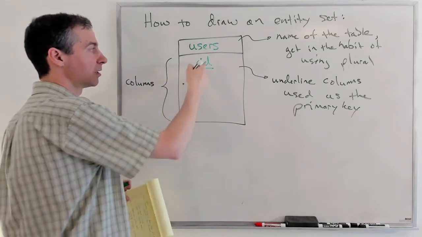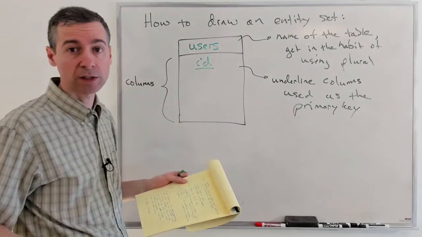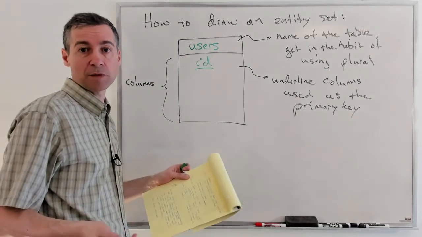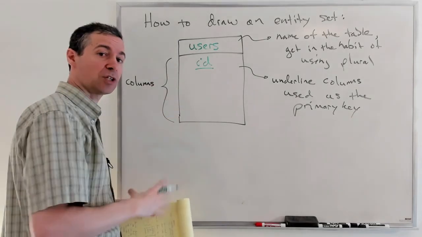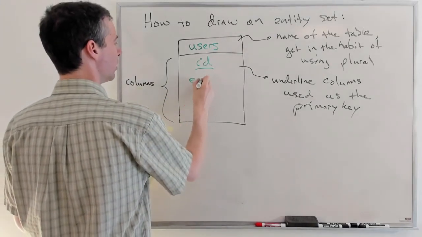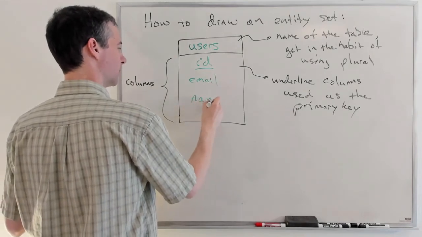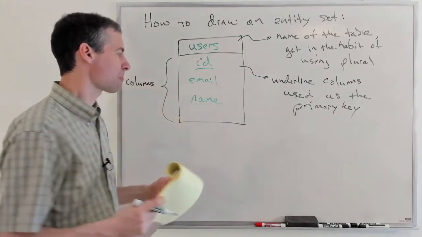That's how I've underlined it. And then I'll be auto incrementing this most likely, but that's not part of the specification here. That comes later. Then I'll also have a column email, and I'll let them use their name.